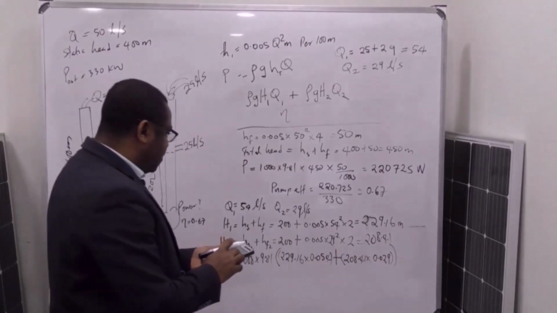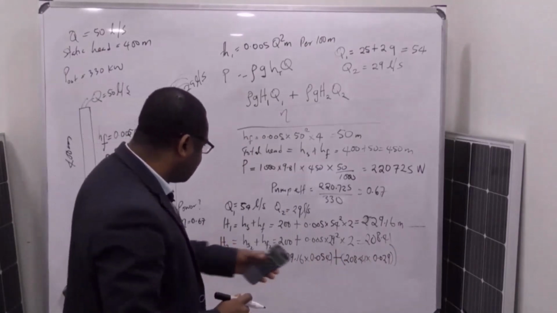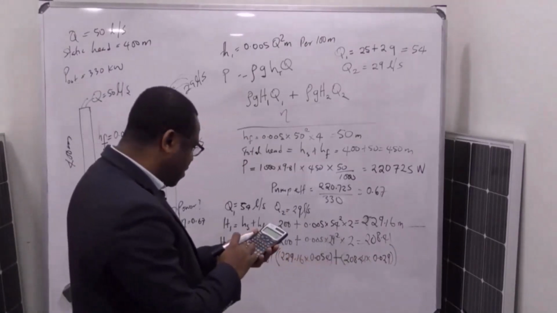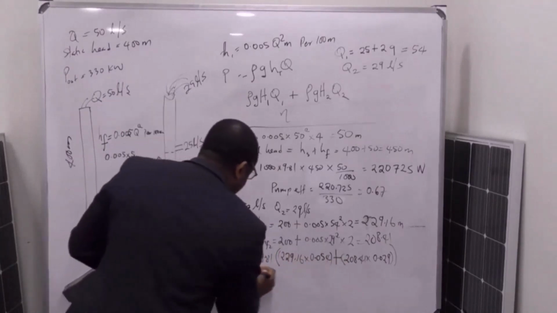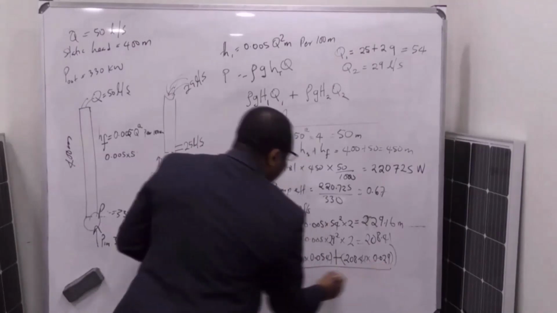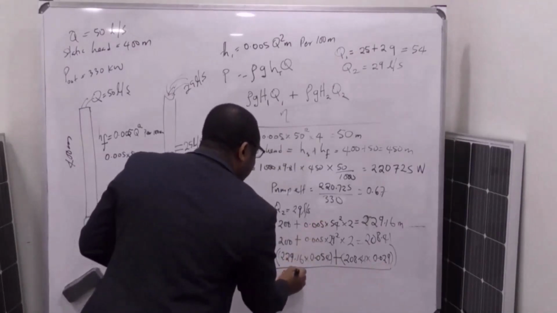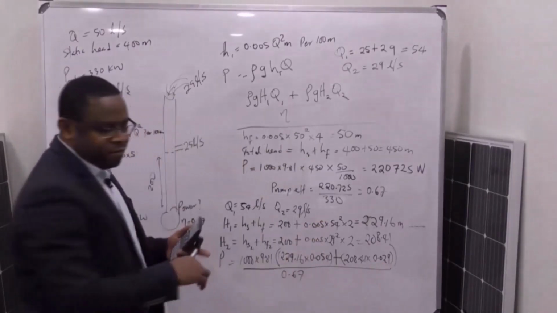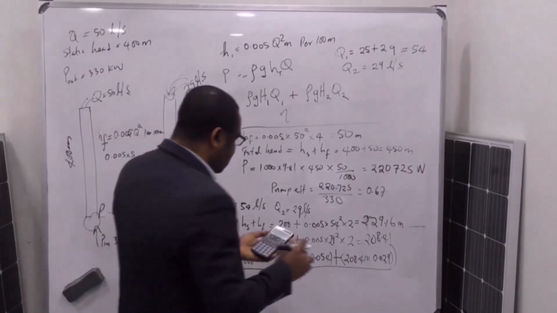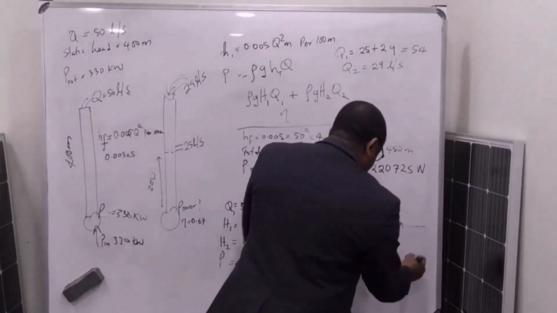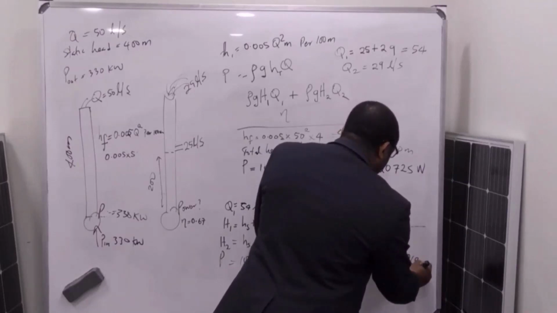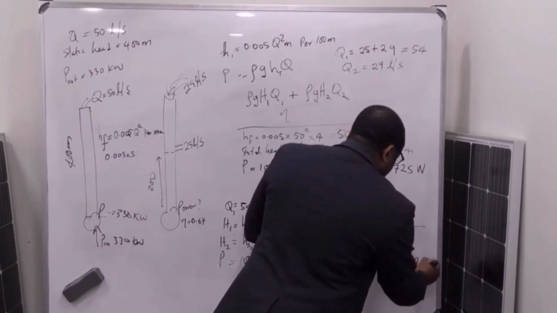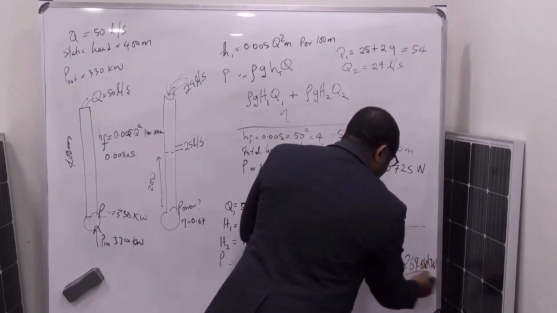All right, so let's get that. Remember that we must divide by efficiency of 0.67. Got 269.68 kilowatt.